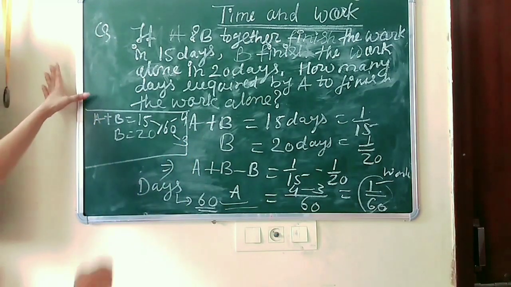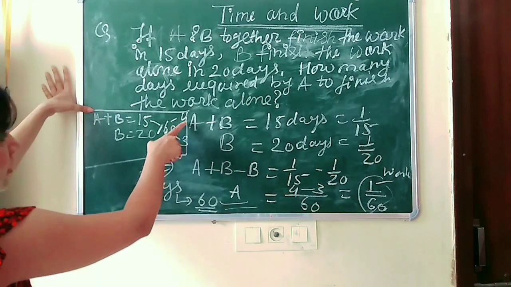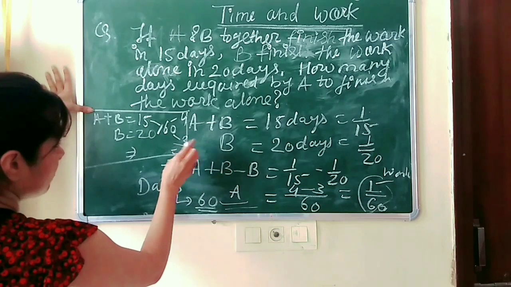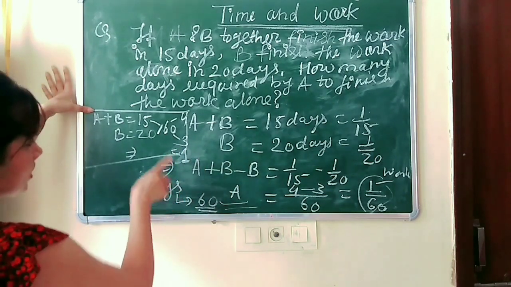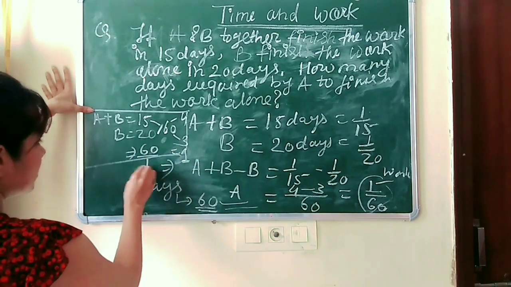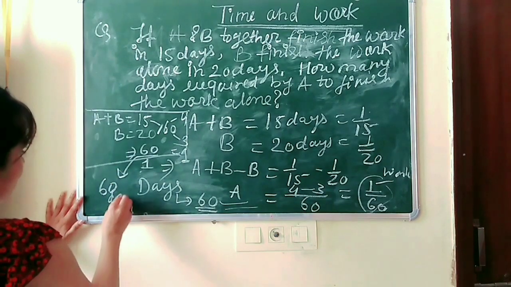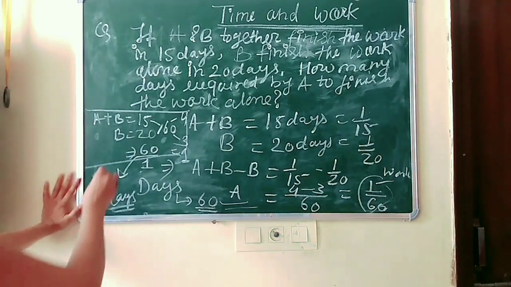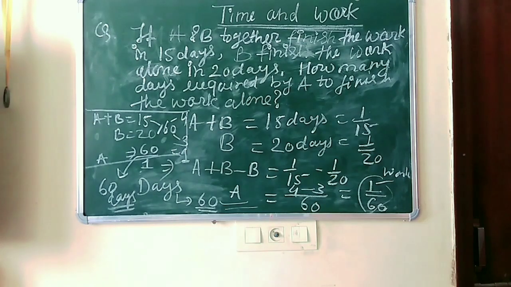Now to find the work done by A alone, we subtract 4 minus 3, so we get 1. And 60 divided by 1, so we get 60 days. This is the 60 days required by A to finish the work.